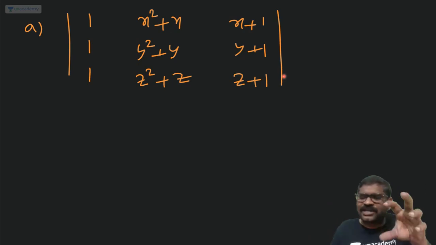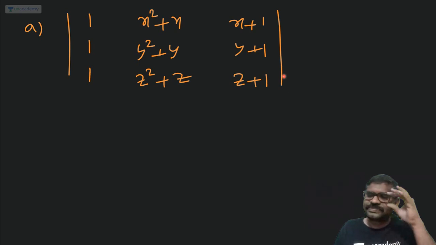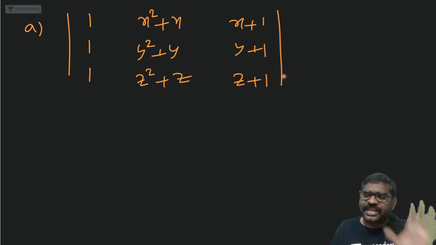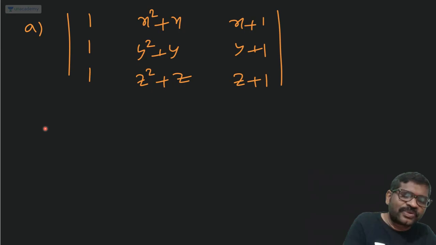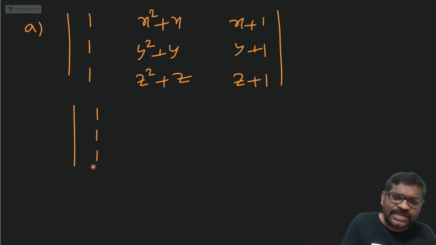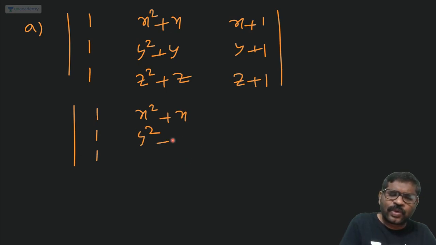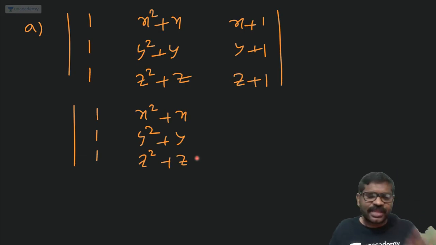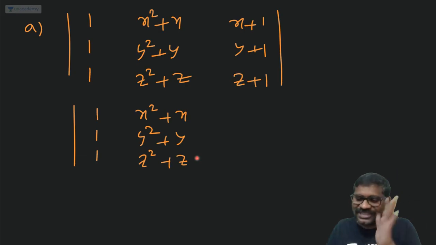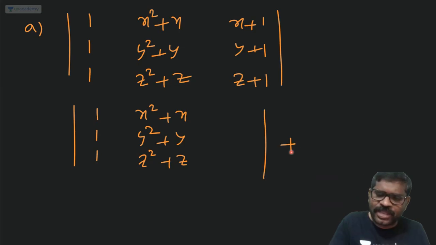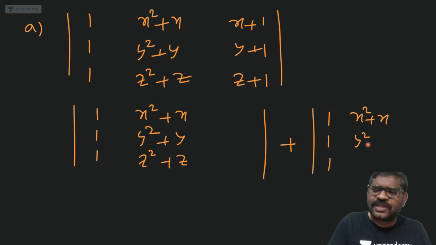This determinant can be written as the sum of 1, 1, 1, x square plus x, y square plus y, z square plus z. I have written the first column and second column as they are.